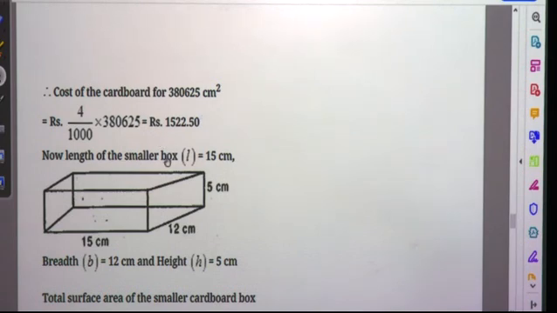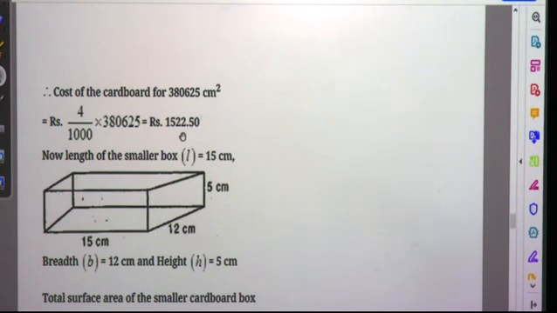By mistake, I was saying 38,000. Actually, the correct figure is 3,80,625. After the calculation, we are getting rupees 1522.5. This is the cost of the cardboard for boxes of bigger dimension.